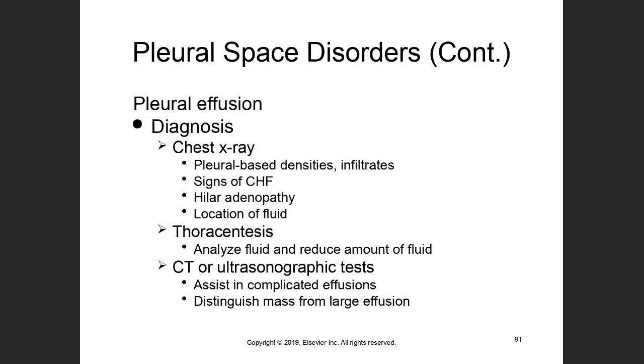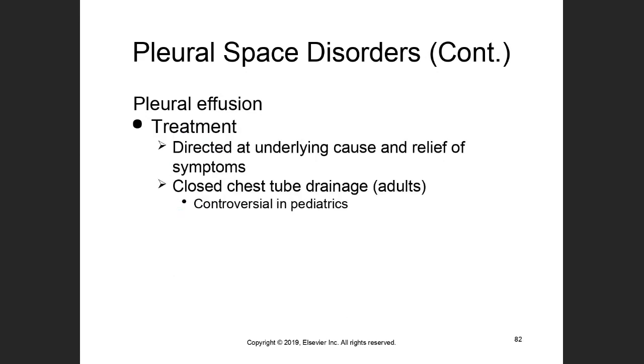Diagnosis, of course, you have to do a chest X-ray. That's the best diagnostic. If you see fluid right there, then you do thoracentesis. Thoracentesis is done to differentiate exudate from transudate. Treatment for effusion is most of the time drainage.